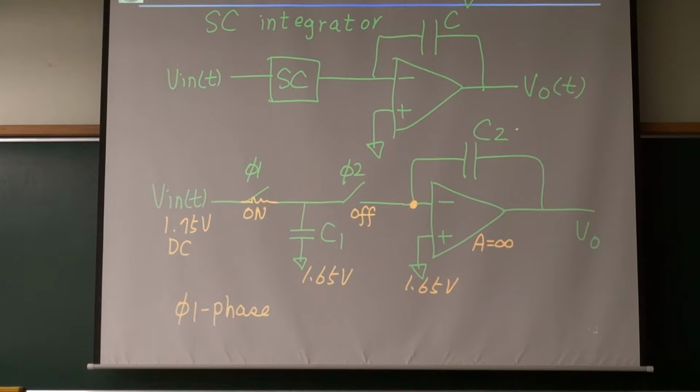Then because of negative feedback by C2, this voltage will be 1.65 volt, right? So there are some charges that will remain there. Because this current is 0, because the switch phi 2 is turned off, Q2 remains the same. Q2 is a constant, doesn't change with time. So VO is a constant during the phi one phase, right?